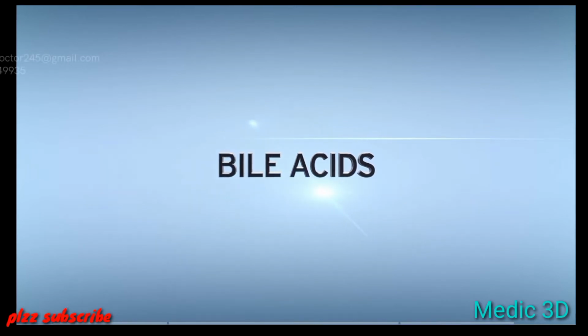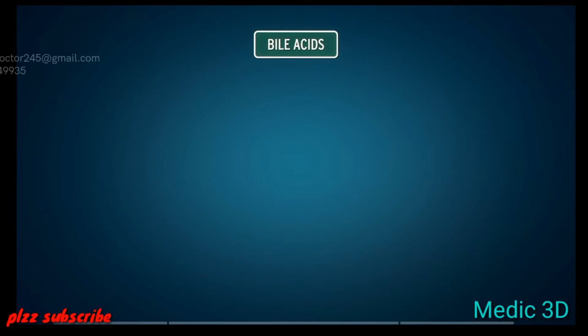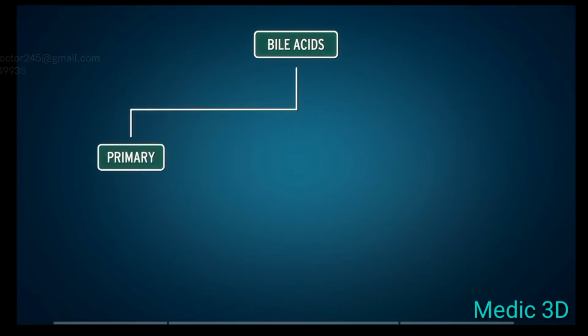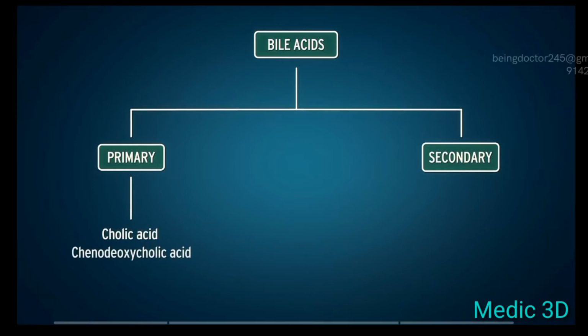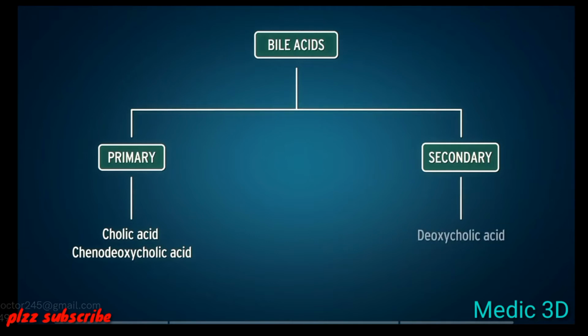Bile acids. There are two types of bile acids, primary and secondary. The primary bile acids are cholic acid and chenodeoxycholic acid. In hepatocytes, the primary bile acids are formed from cholesterol. Secondary bile acids are deoxycholic acid and lithocholic acid.